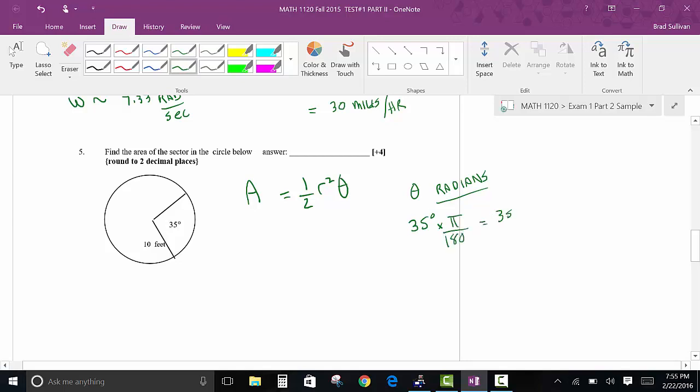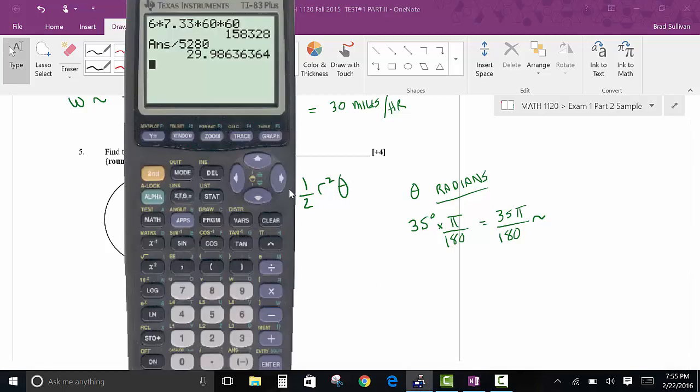So that's going to be 35 pi over 180. And then you could just take that on a calculator since you're going to get a decimal approximation anyway. So we can just go 35 times pi, divide by 180, and I'll round that off to, let's say, 4 decimals, so 0.6109.